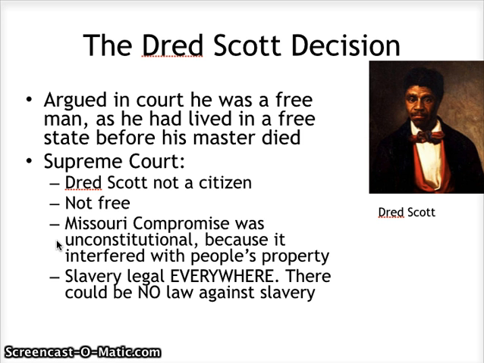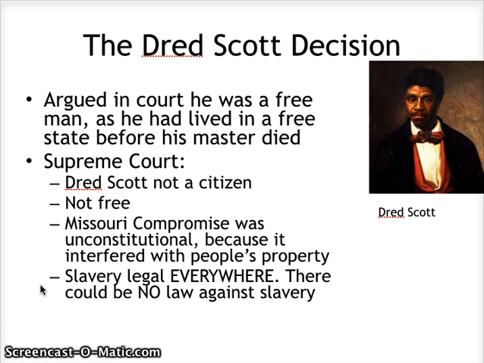Now Northerners are saying it's unconstitutional because it's basically saying that people are property. Slavery is now legal everywhere, and there shouldn't be a law against slavery.